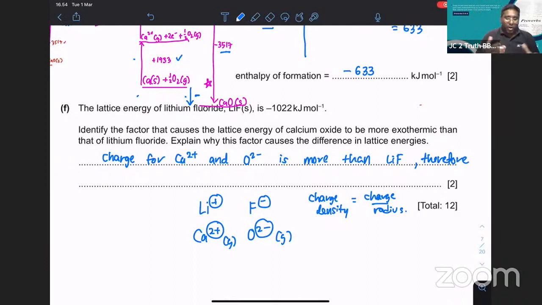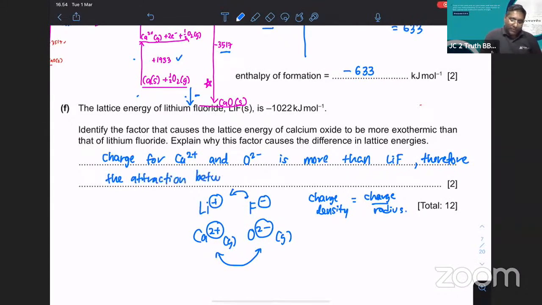So therefore, the attraction between oppositely charged ions is greater.